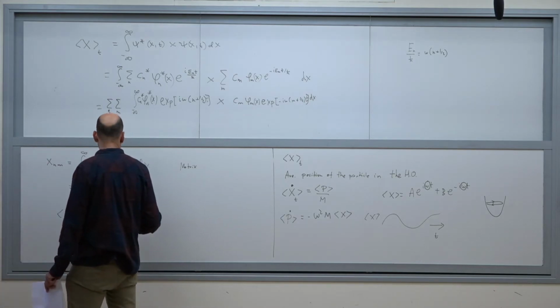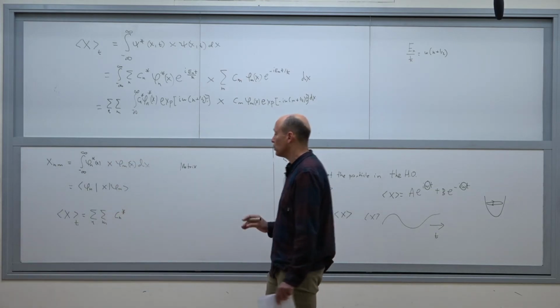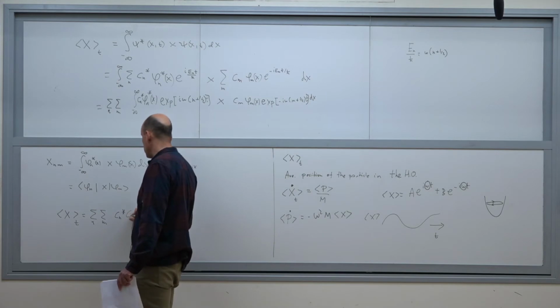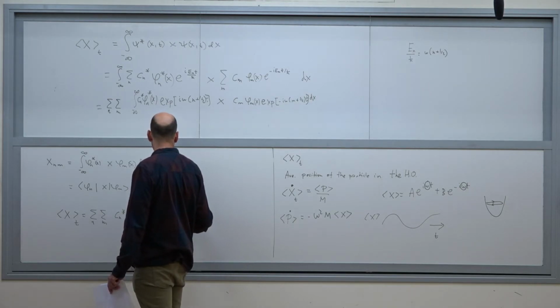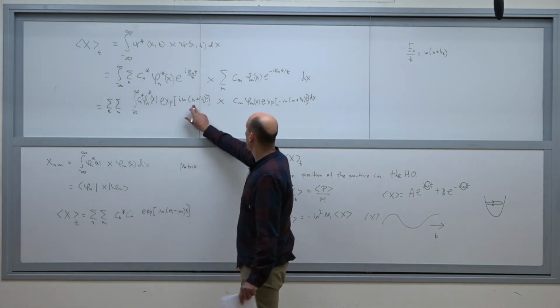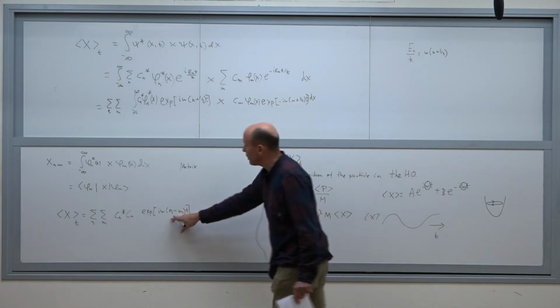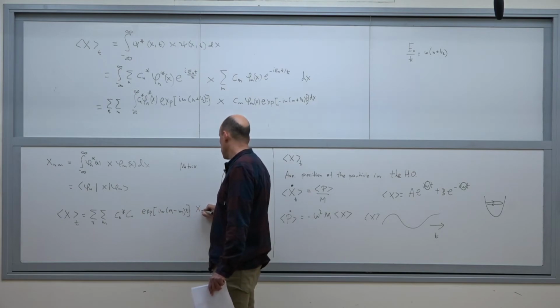Now we want to write this as cn star, some junk that is not specific in the sense that it depends on the initial condition, cm, and here I have the exponent e to the i omega (n minus m) t. You see n and m, so you have n minus m. And here I have this matrix x_nm.